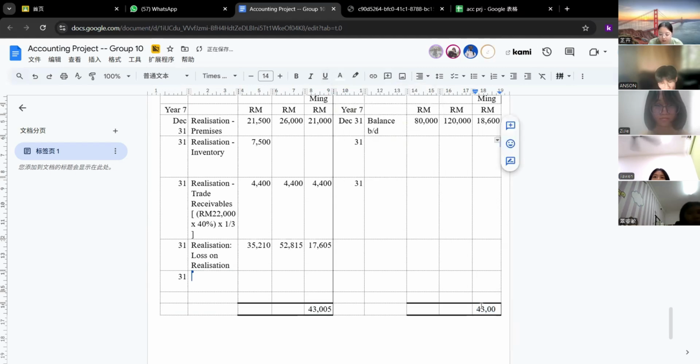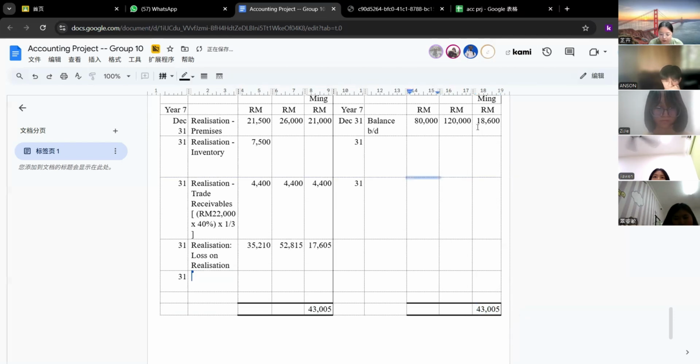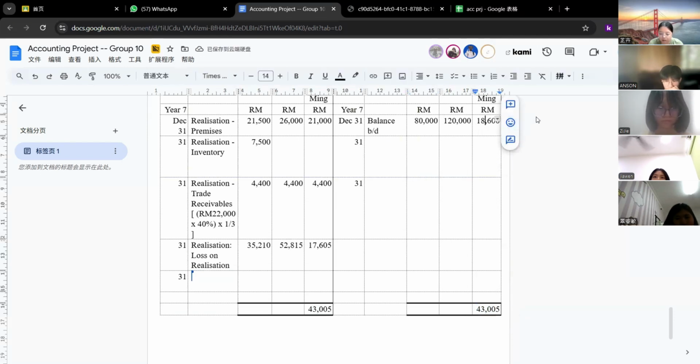So as mentioned, because he is bankrupt, obviously we have to close his account first. Then we need to use this total amount of 43,000, and then we need to minus the 18,600 on the balance BD. Okay, so because Yongming is already bankrupt, his partners need to help him divide the remaining loss according to the ratio of their capital account, not the profit or losses account.